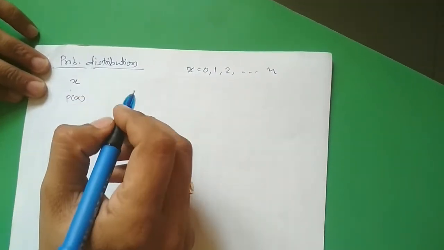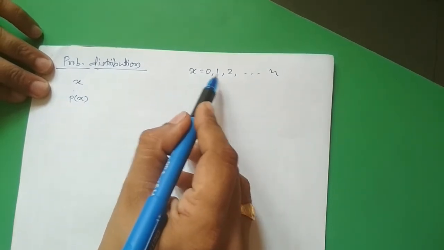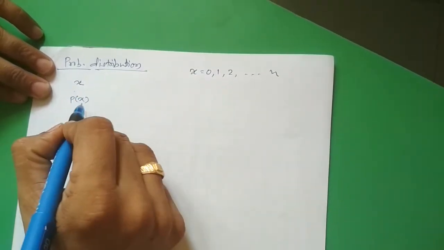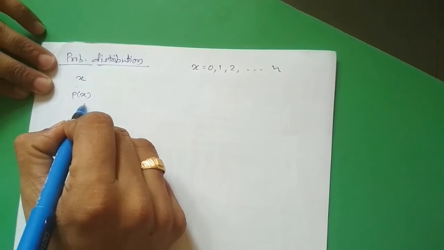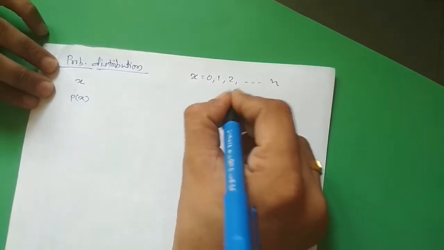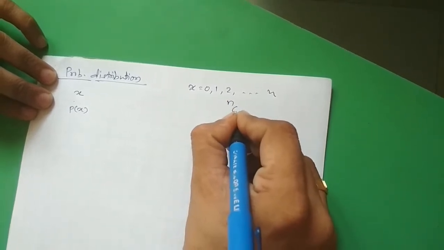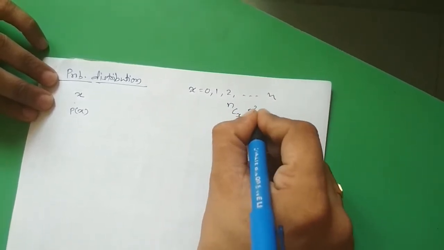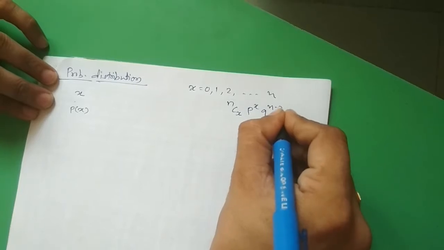We have to put the values 0, 1, 2 till n in the formula of the binomial distribution. What is the formula? It is nCx p raised to x q raised to n minus x.